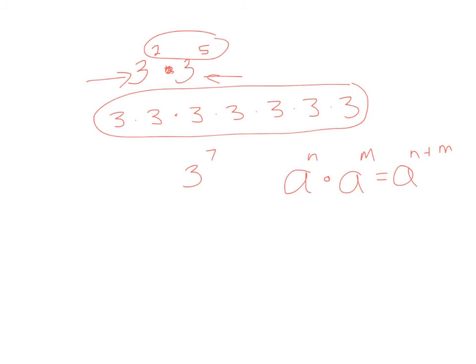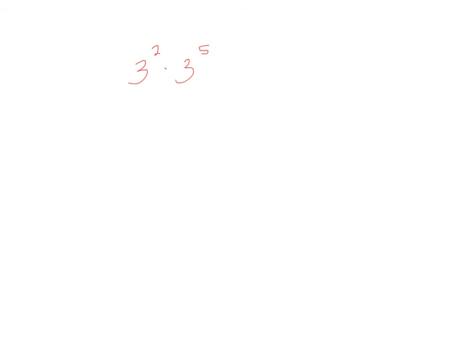The second one that I want to talk about looks like this. Let's say we have 2 to the 3rd, and it looks like that. So it's 2 to the 3rd, and then it's got another exponent on the outside. What we're going to do here is I'm just going to show you why we have this little shortcut.